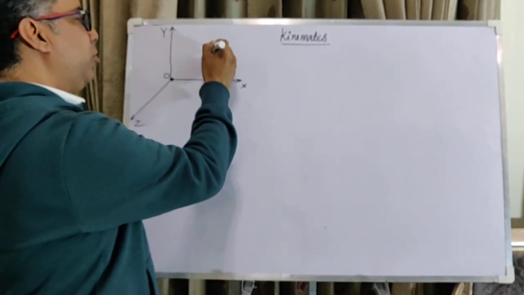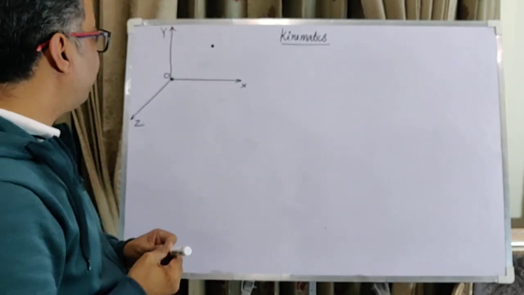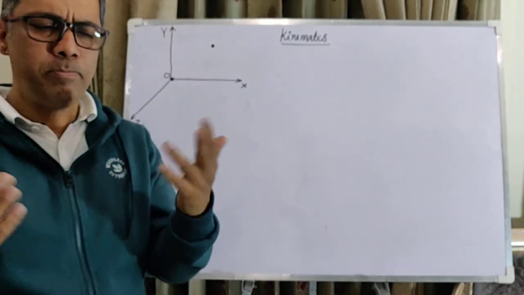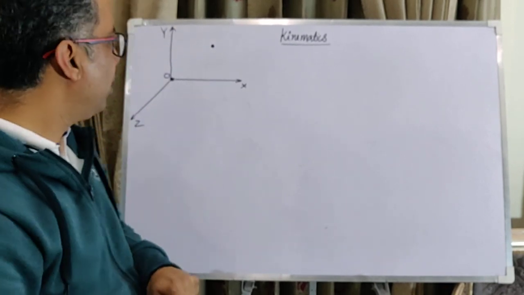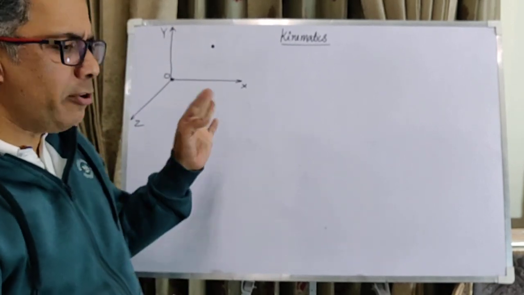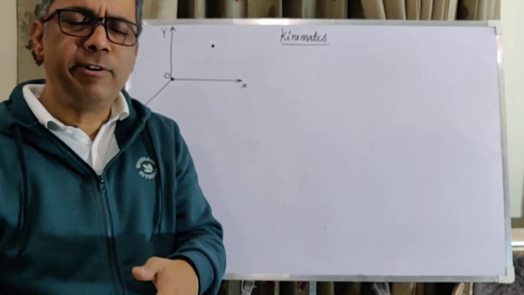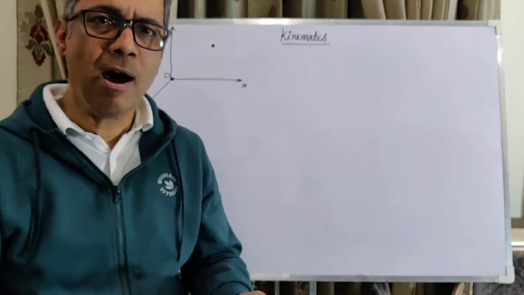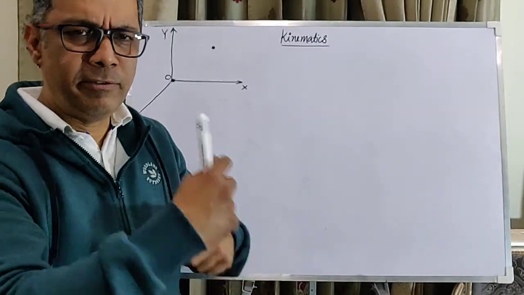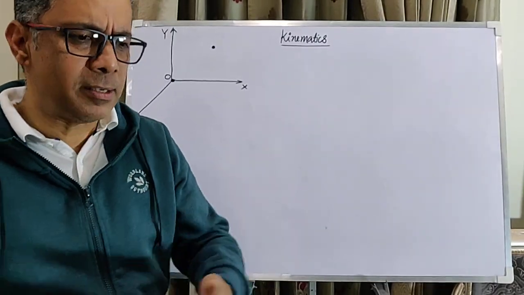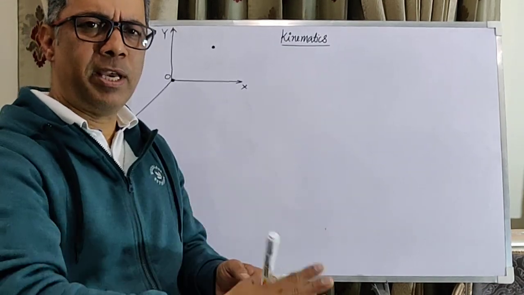Now this is, let's say, the object whose motion we are studying, and generally speaking we reduce any object to a point. Why we do that is because if we have a large object, say for example a car, the motion of the entire car can be a little complicated. The wheels are rotating and the car is moving forward, it may be jumping up and down.